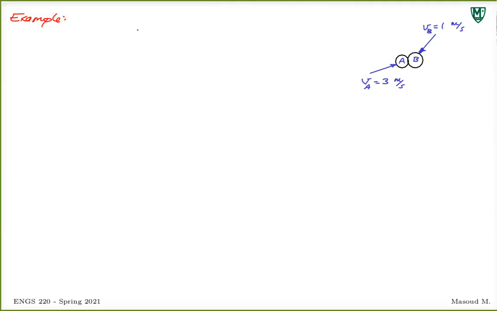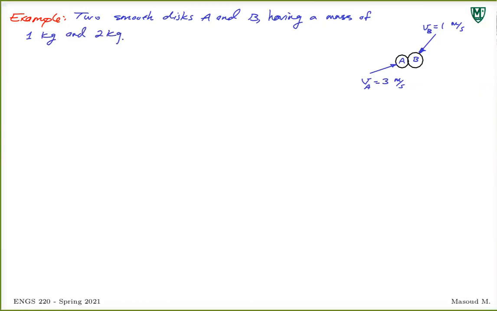Problem statement, it says two disks A and B having a mass of 1 kilogram and 2 kilograms, respectively, I guess, just to make sure that 1 is A and 2 is B. All right.